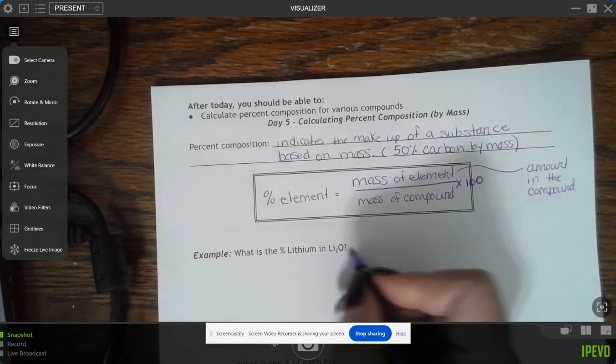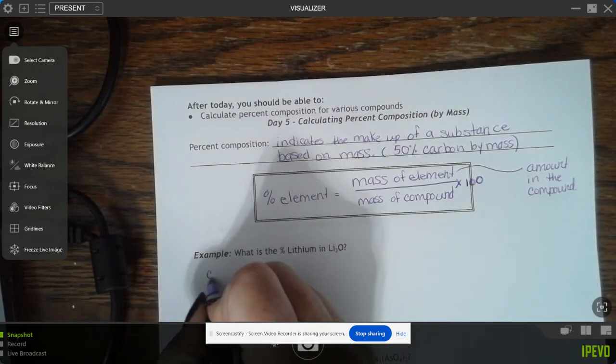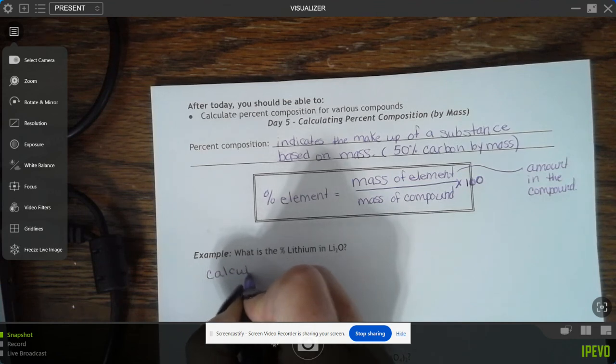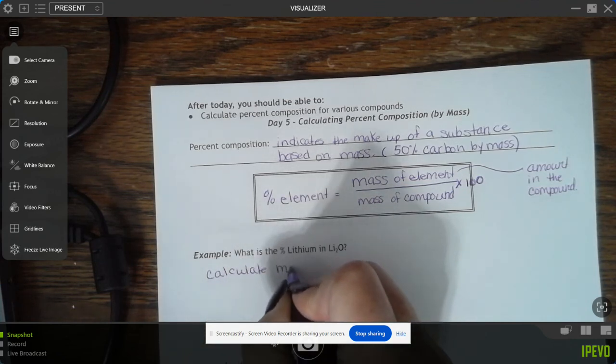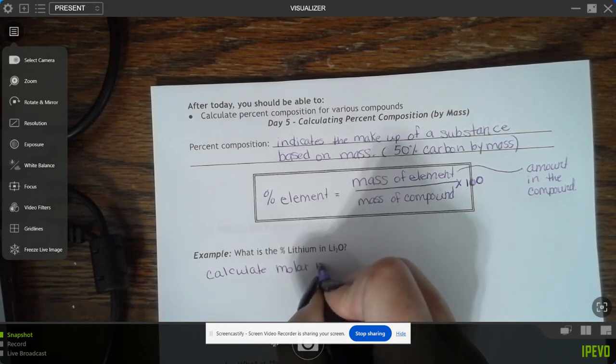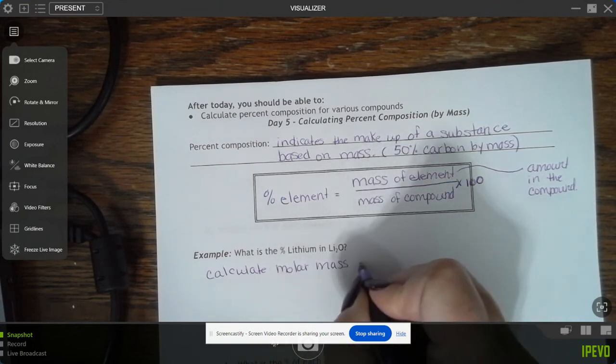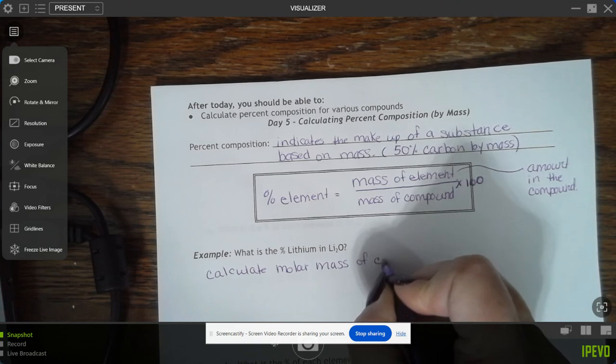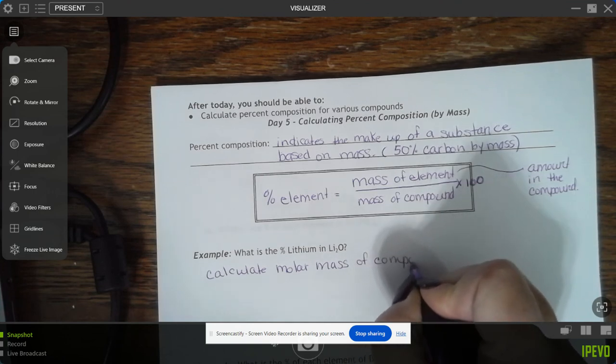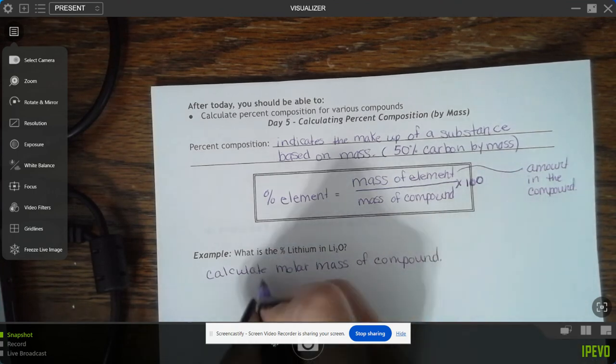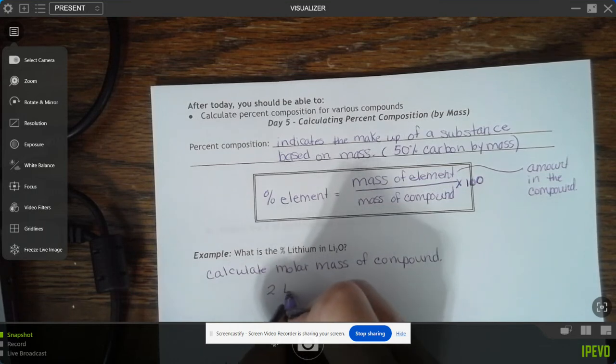What you've got to do first is calculate the molar mass of the compound. So I have 2 lithium and 1 oxygen.